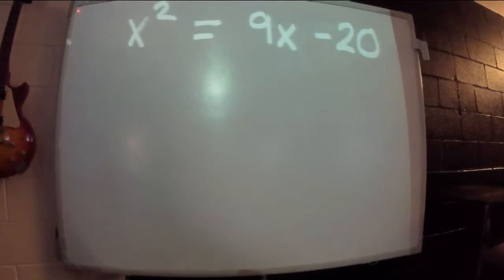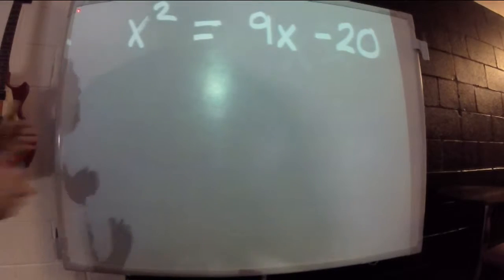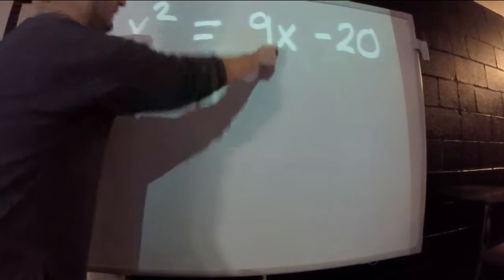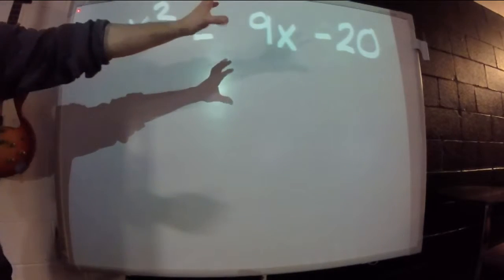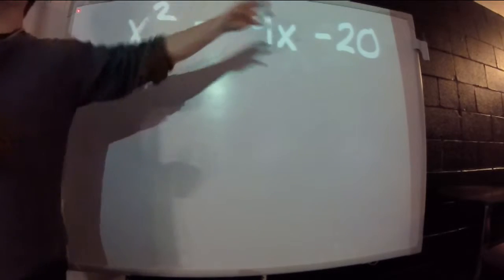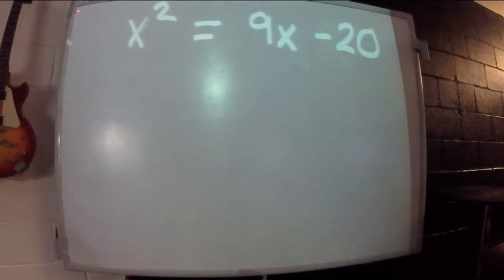So the first thing that we do, if it's given to you like this, you go, man, that's quadratic. Move all the pieces over to the left so that we have x squared, then minus 9x plus 20 equals 0. There's only 3 types of pieces in a quadratic equation: the x squared piece, the x piece, and the number piece.